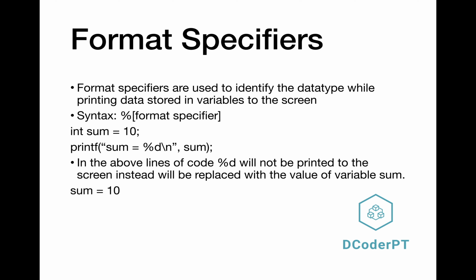So the output on screen will be sum equals 10, because whenever you see the %d, this character will be replaced in our message by the value of the variable, in this case the variable sum.